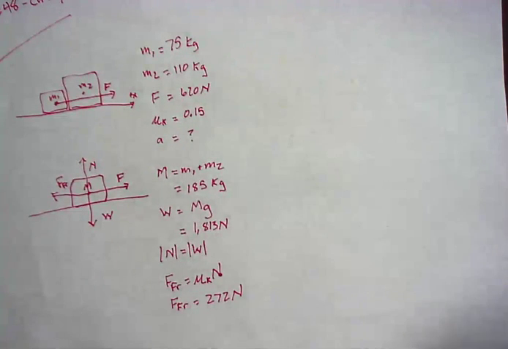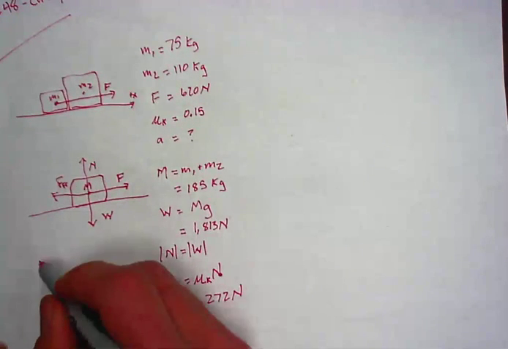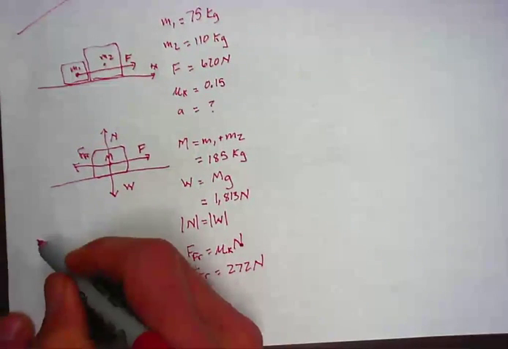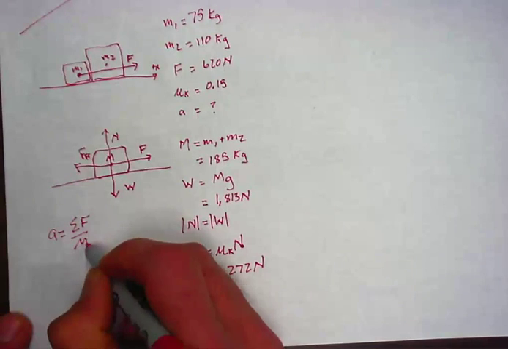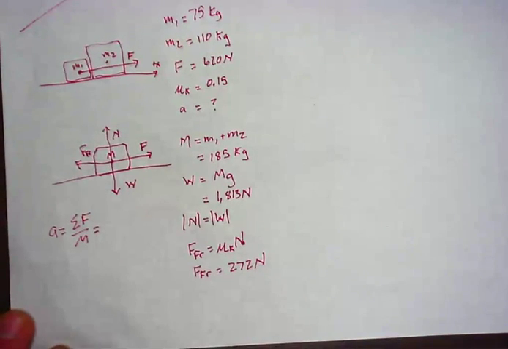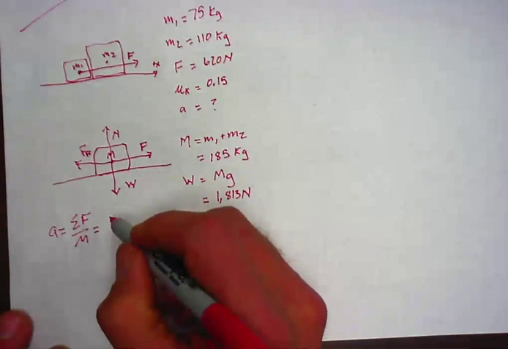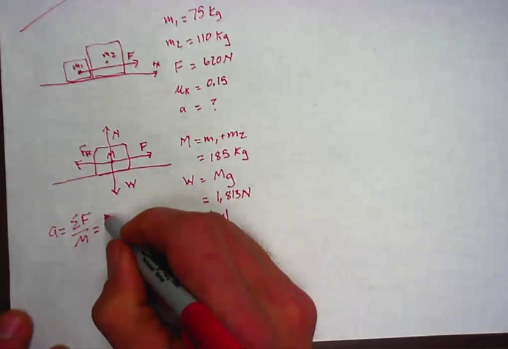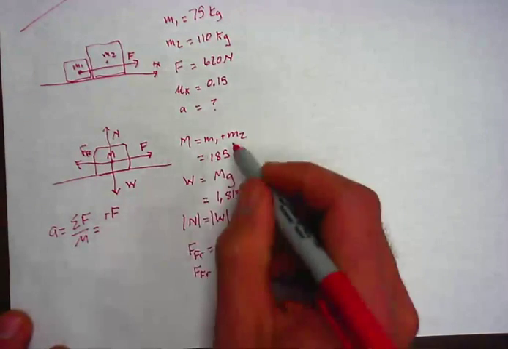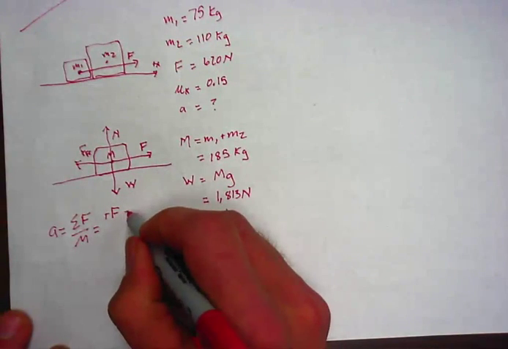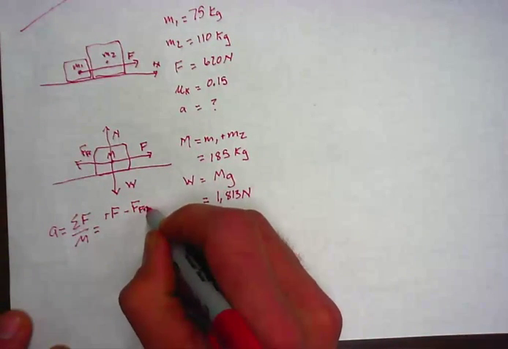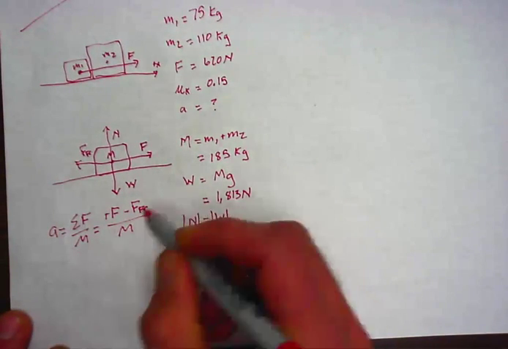With all of this information, I should be able to figure out the acceleration of my box using Newton's second law. The acceleration should be the net force divided by the mass, net force being plus F, the 620 Newton force to the right, so it's positive, minus the force of friction, divided by the mass of the box.